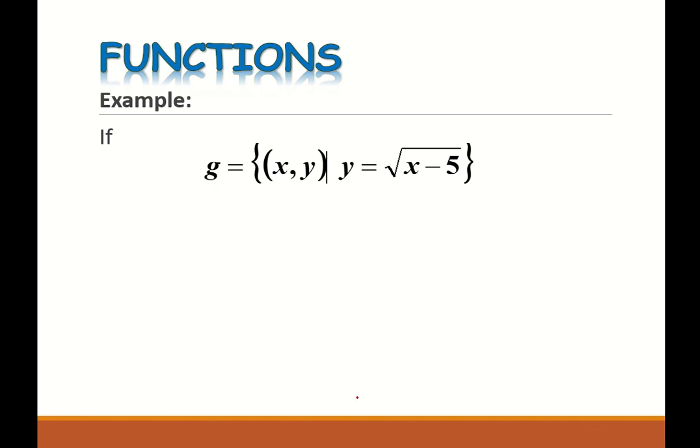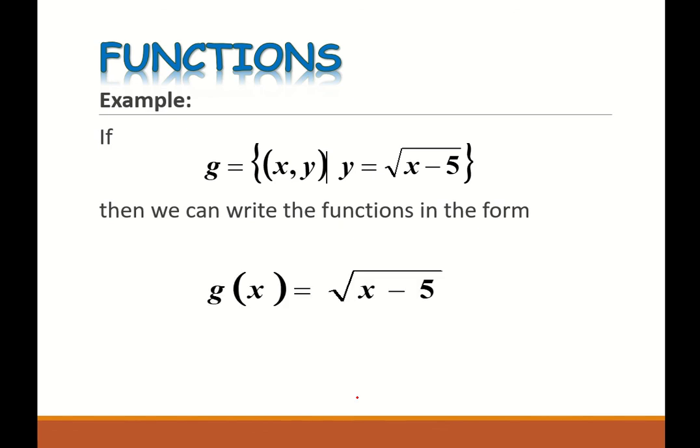Another example, if g is a set of x and y, it means g is a function that contains ordered pairs of elements x and y such that y equals the square root of x minus 5. So this can also be written as g of x equals the square root of x minus 5.